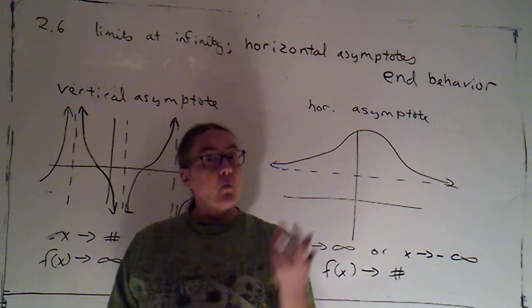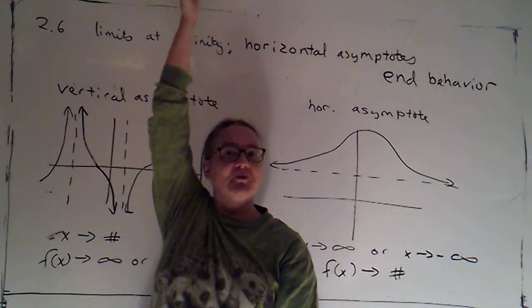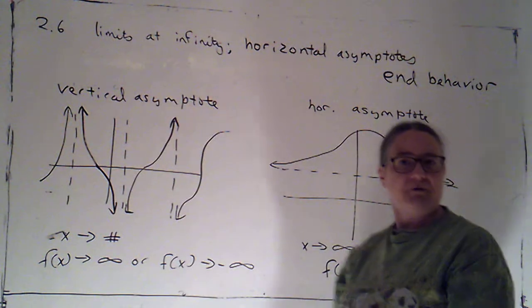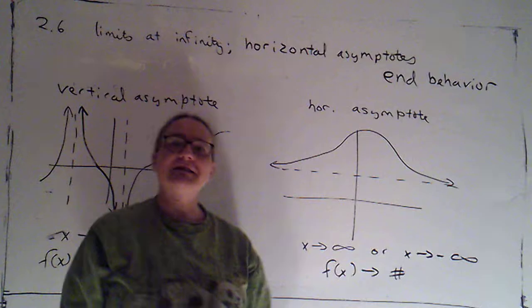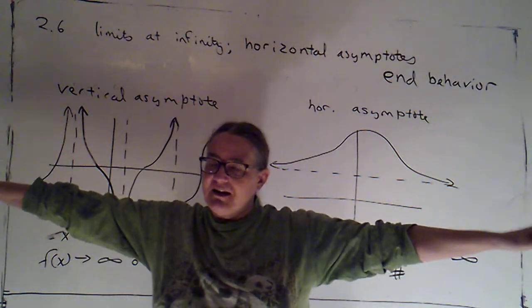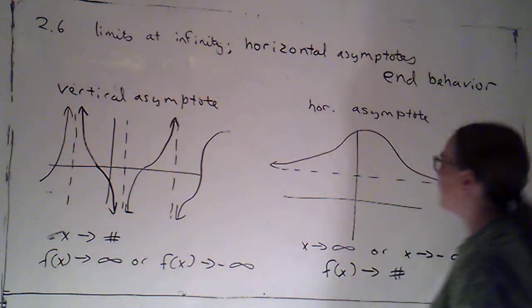If it's the y value that's getting super big, if we're going really high up or really low down, that's going to be a vertical asymptote. If it's the x value that's getting really big in either the positive or the negative direction, that's what's going to give me a horizontal asymptote. Okay.